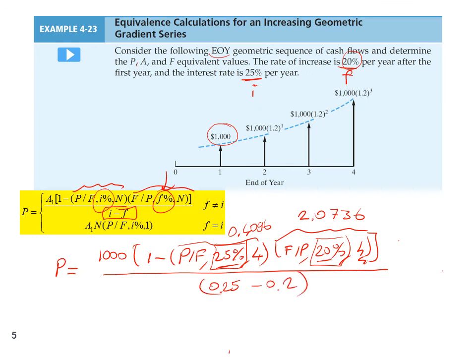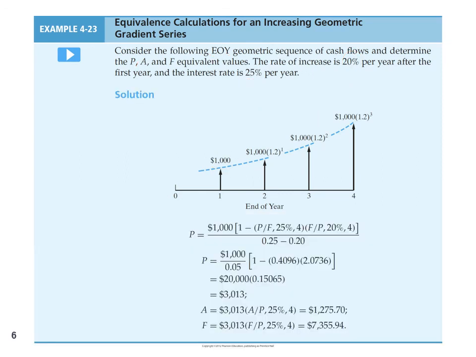Otherwise you will obtain a wrong result. And this will give you the present worth. So let's see the present worth. When you use these factors and formulas, again look, I minus F is here, and the present worth is equivalent to this much.